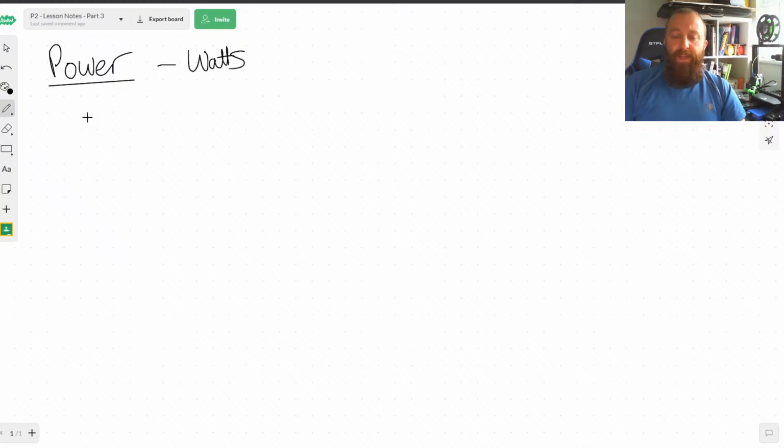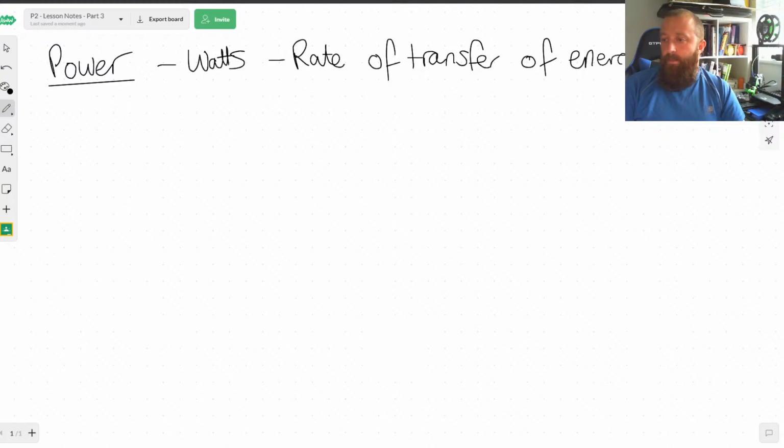There are a few formulas linked to power, and we're going to look at all of them to make sure we understand them. But what power is telling us is the rate of transfer of energy. It is the rate that energy is being delivered to an electrical appliance.